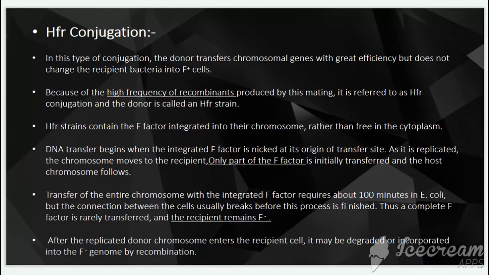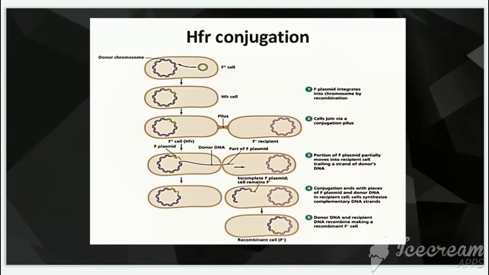Now, if we go to the diagram, as you can see, this is the donor chromosome. The plasmid DNA is integrated, as you can see here, into the normal chromosome. So this is the chromosome and the plasmid DNA is integrated in it.